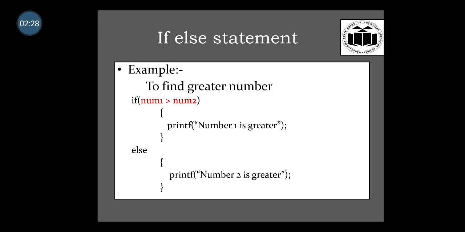Otherwise, if number 1 is not greater, then number 2 is greater. In the else part, we write printf number 2 is greater. If the condition gets false, then the else part will get executed. Condition false means number 1 is not greater than number 2, so in the else part we write number 2 is greater.